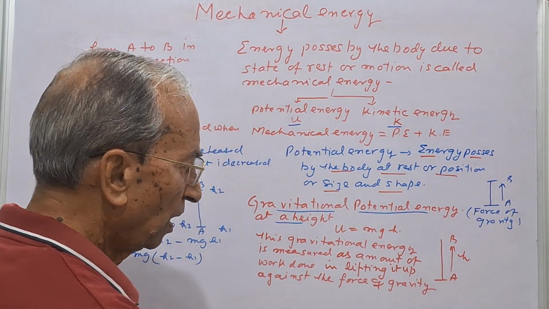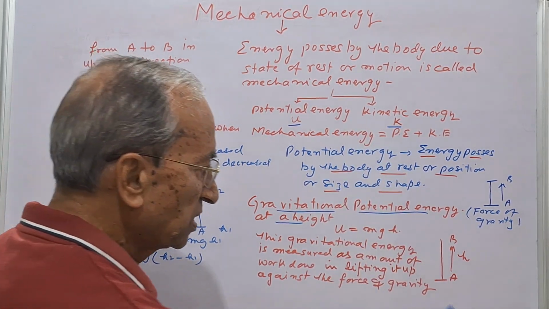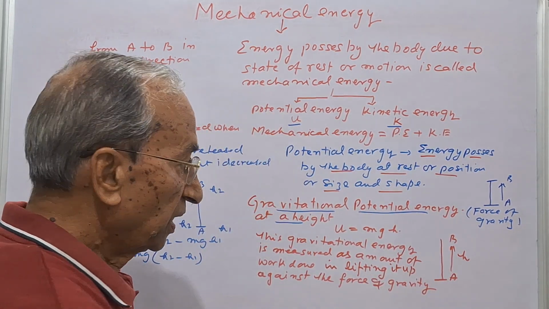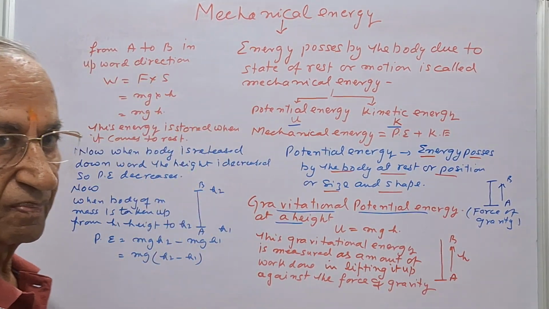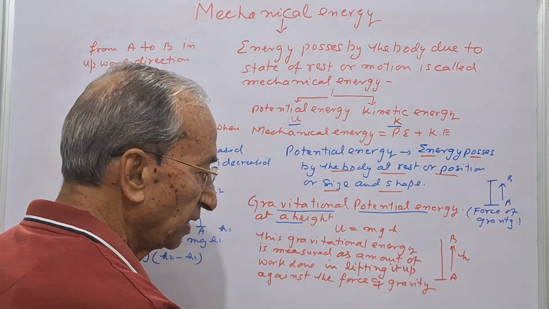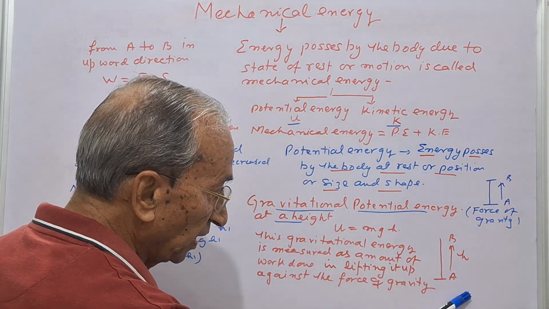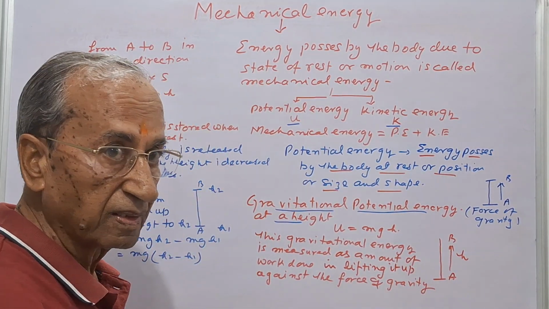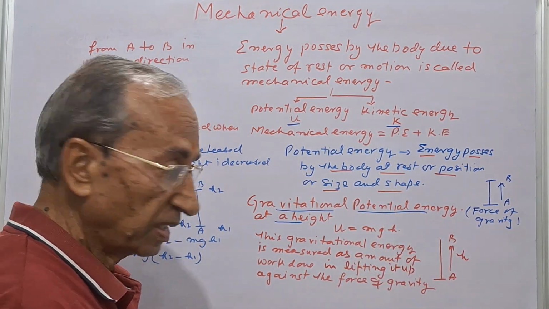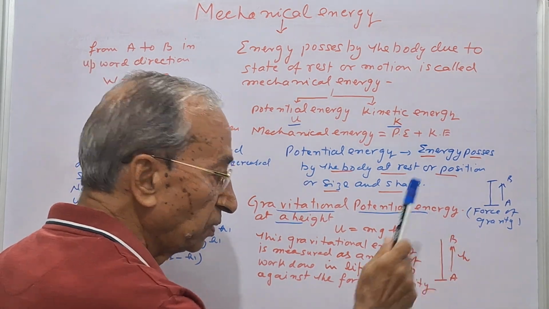But when we throw A to a certain height, it will do some work against the force of gravity till it reaches a certain height. Now, very important thing: when it reaches the certain height and lies there as such, the work done in lifting against the force of gravity is stored when it comes to rest. That work done is stored as energy when it comes to rest.